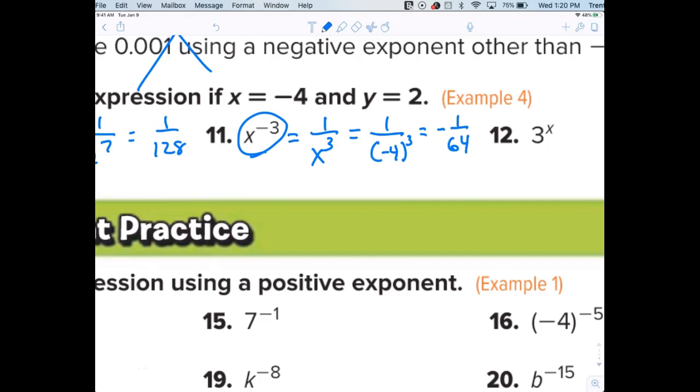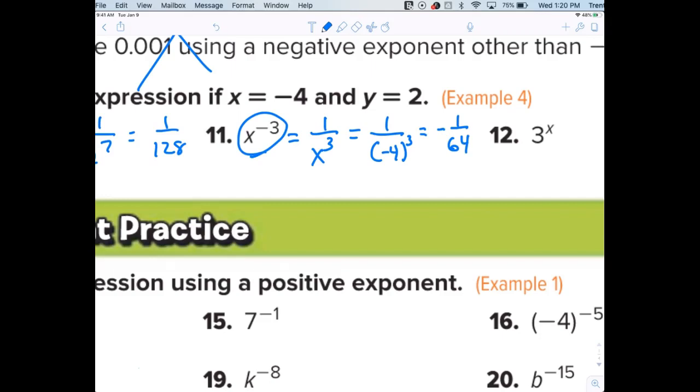What is negative 4 to the negative 3? Change it to a fraction. Negative 1 over 64. Exactly.